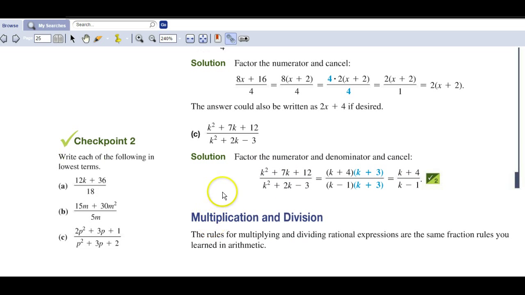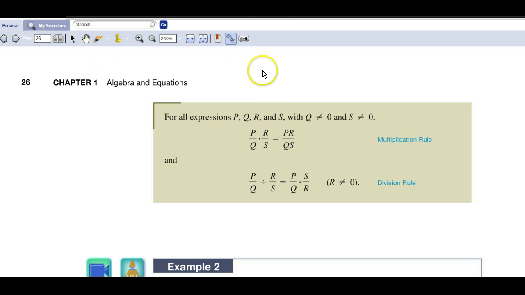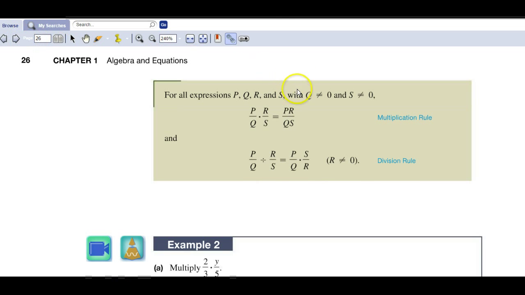Now we're going on for a quick review of what we call multiplication and division. For multiplication, we just multiply the numerators, multiply our denominators, and see if we can cancel anything out. Nothing cancels out there. But notice what happens for division. And this is crucial.